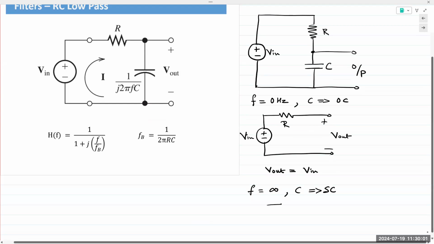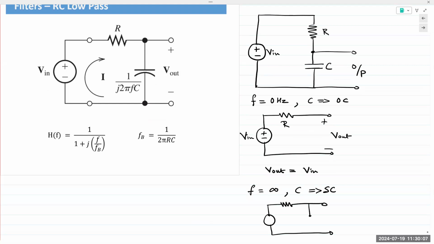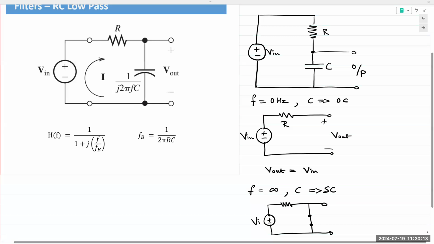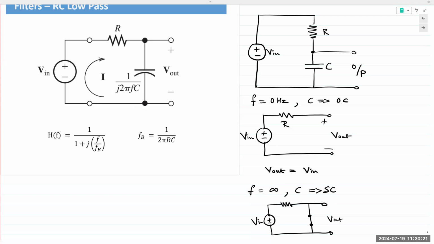So what is our output in that case? The capacitor is replaced with a short circuit wire. What happens when these two nodes are connected together? What is the voltage output across those two nodes? The short circuit wire is the same node.